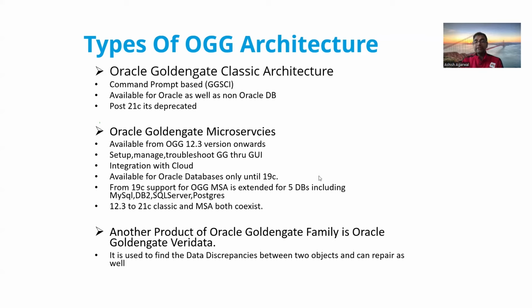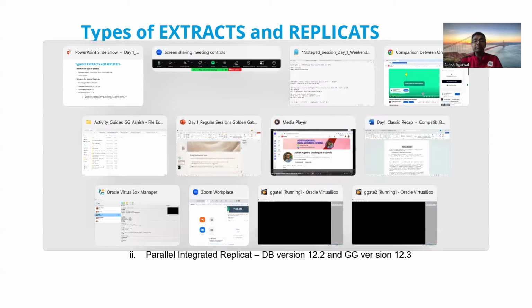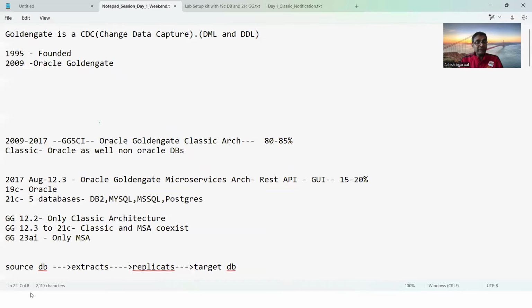So in GoldenGate, you have different types of extracts and replicats. Just to give you a brief overview of how GoldenGate replication works: you have a source database and you replicate that data to the target database.